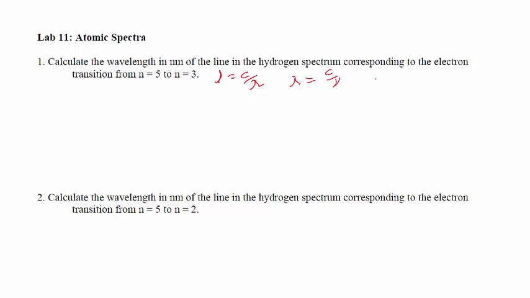And then we have E equals h nu, and since nu is equal to C over lambda, you could say E equals h C over lambda. So we're taking this equation and putting it in here. This is actually what we want, because we're interested in lambda. This is going to give us the lambda in nanometers, and then we're going to get the lambda in meters by dividing by 10 to the 9th, essentially.